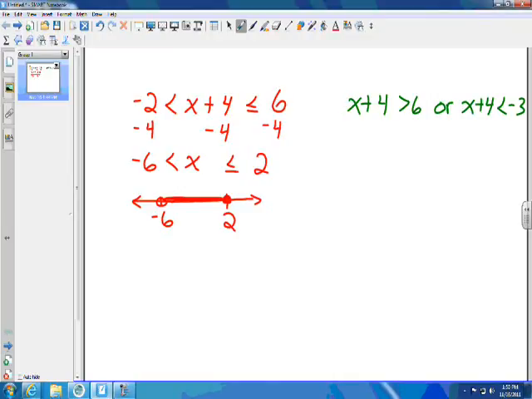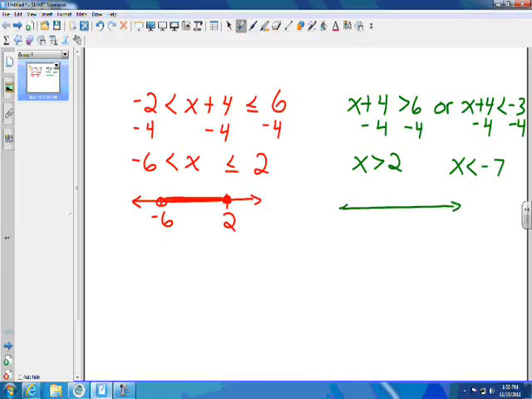So how do we solve this one? Subtract the 4. We're going to get the x by itself. So we have x is greater than what? Greater than 2. Over here, we would also subtract 4 and get x is less than -7.